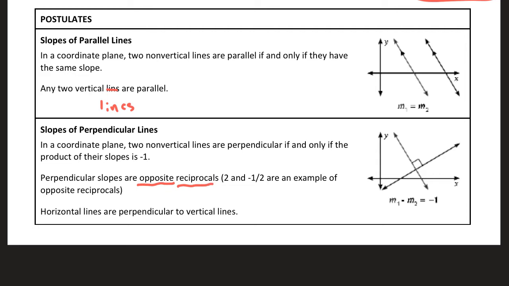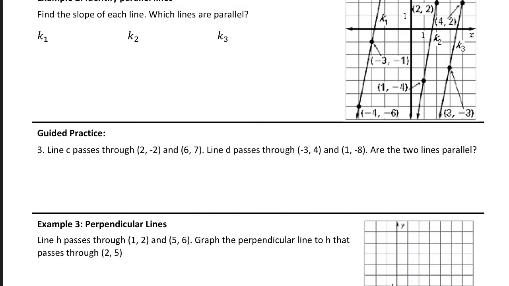The reciprocal of 2 is 1/2. So the opposite reciprocal of 2 is negative 1/2. Just like the opposite reciprocal of negative 3/7 is positive 7/3. So opposite reciprocals. So we are going to apply that in example 2.